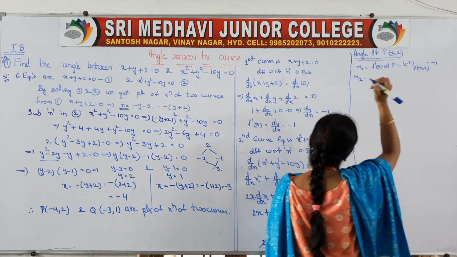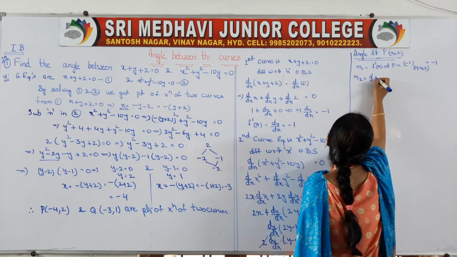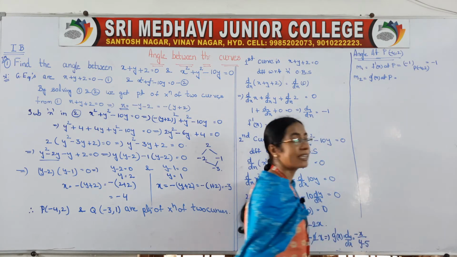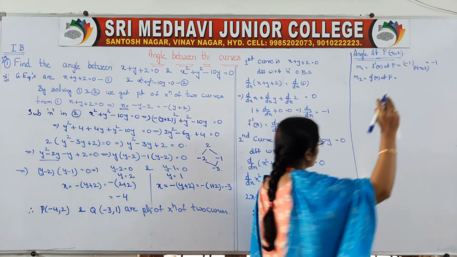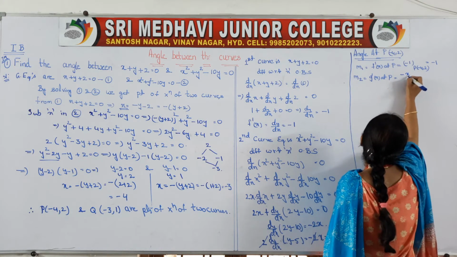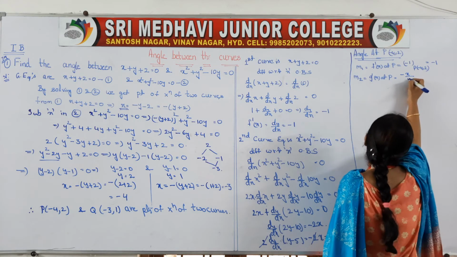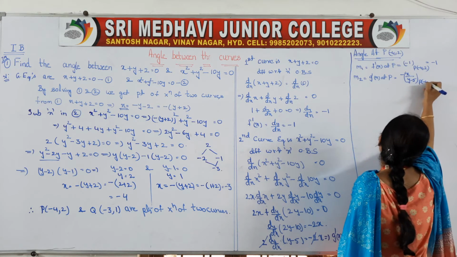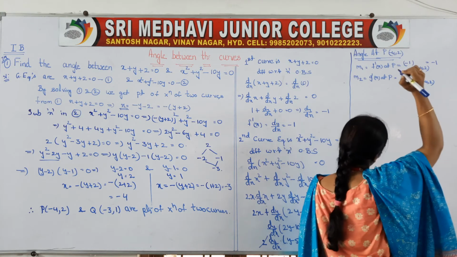Okay, so now you take m2. m2 is equal to g'(x) at P. It is the slope of the second curve. So g'(x) we got is minus of x by (y minus 5) at the point P. What is P? (-4, 2).